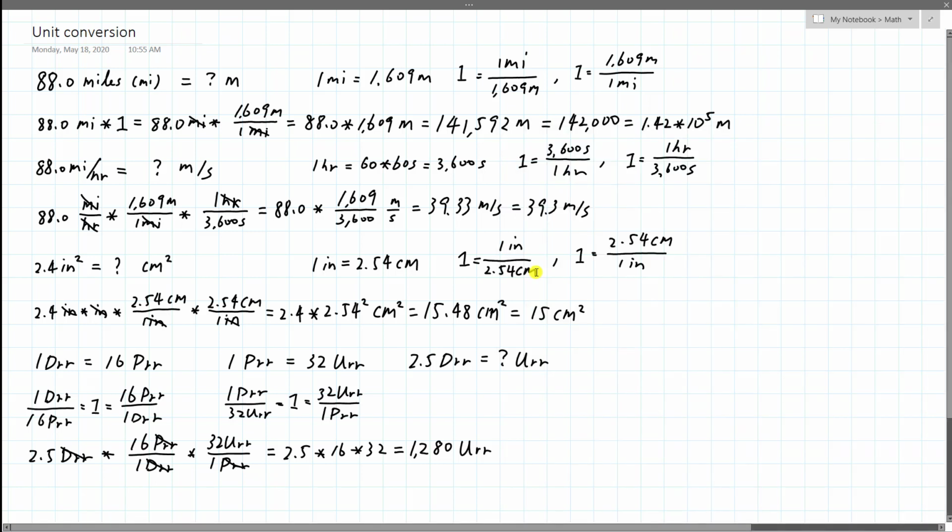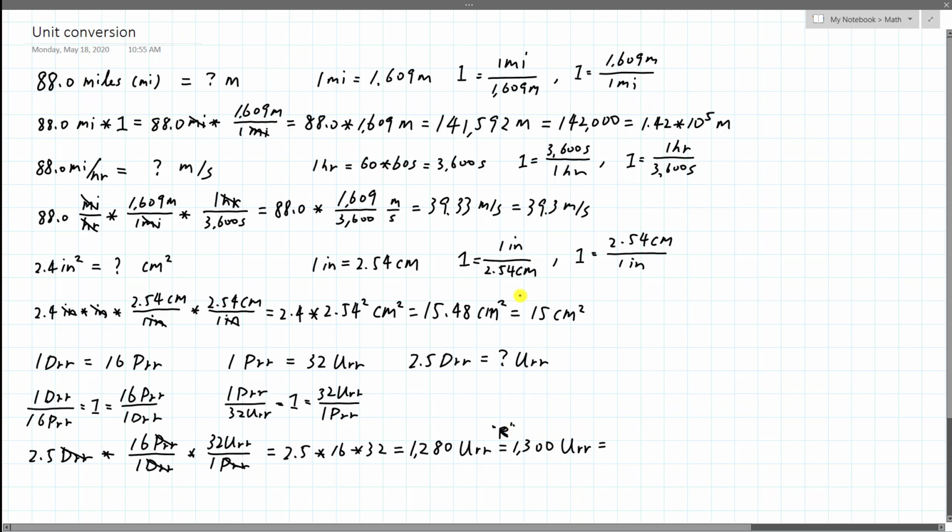And back here, because we only have 2 sig figs, we can only have 2 sig figs for the answer. So we're going to have to round to 1.3, right? Let's do one thing at a time. So this is rounding. Let's put a rounding sign, something that reminds us we rounded there.